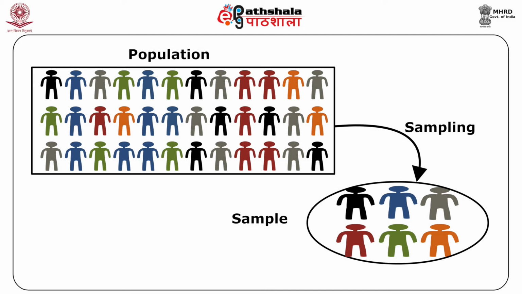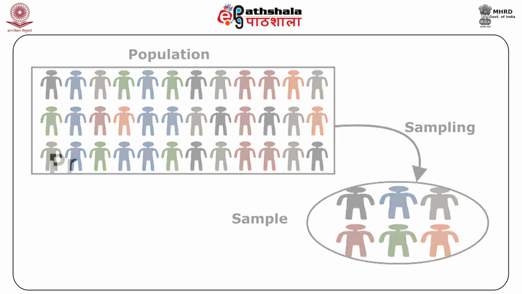With the help of a diagram, you can see we have a population consisting of different persons in different rows, and we are taking a sample out of it, and we have a small sample. So I'm sure you can make out from this diagram what is population and what is a sample.